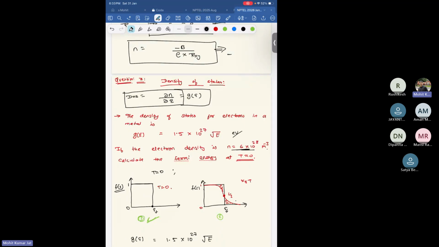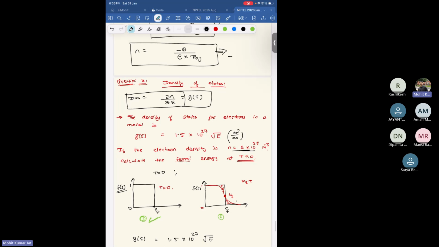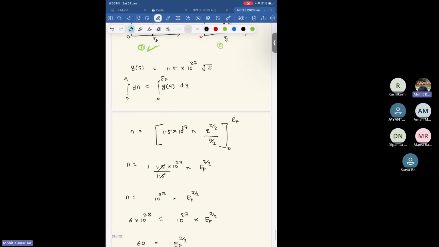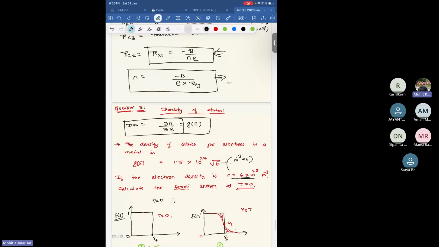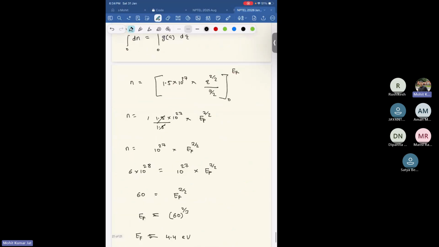This should be eV by... this is density of state, right? So meter cube by eV, meter minus 3 eV inverse. It should have these dimensions.